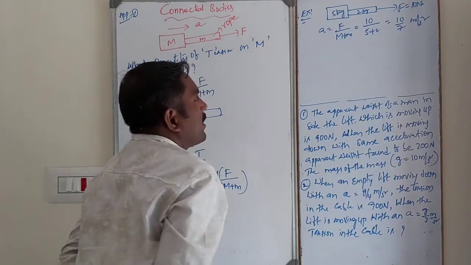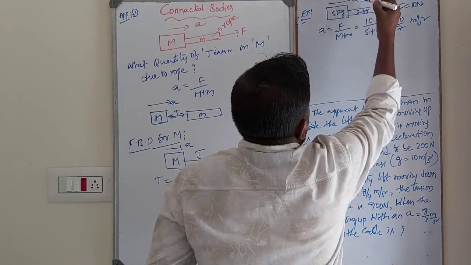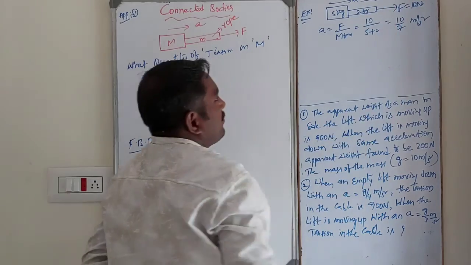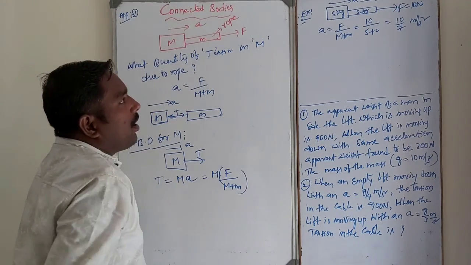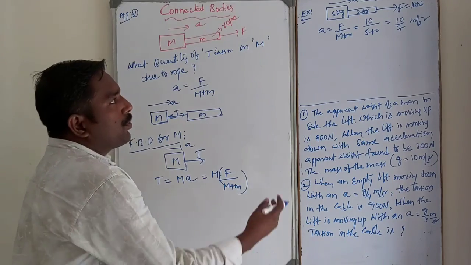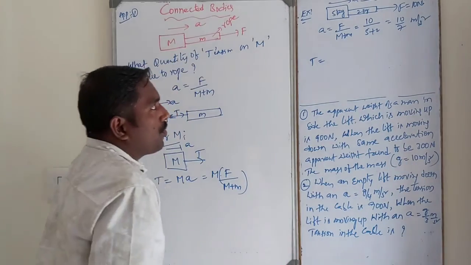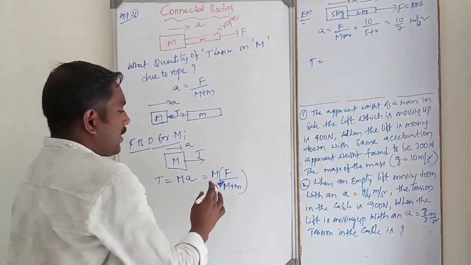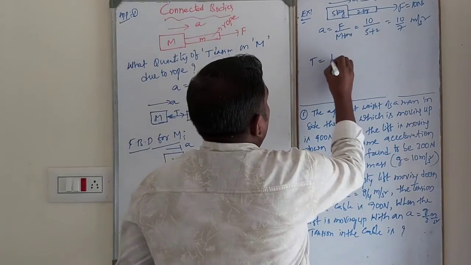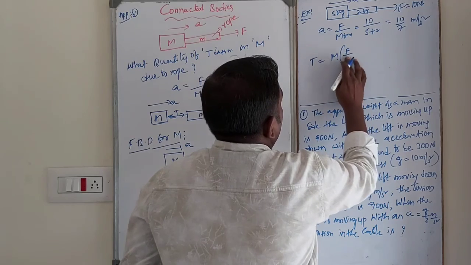This is the acceleration of the system, the total system moving like this. Now, what quantity of tension will be acting on the 5 kg body due to the rope? Tension is equal to M into acceleration, that is M into F by M plus m.